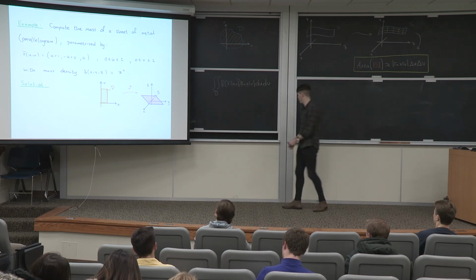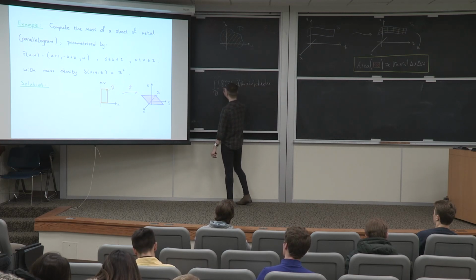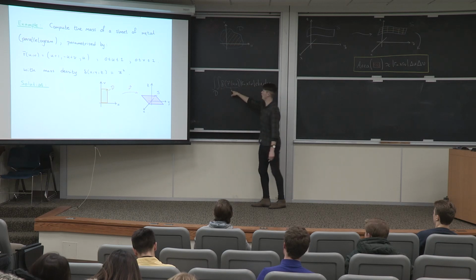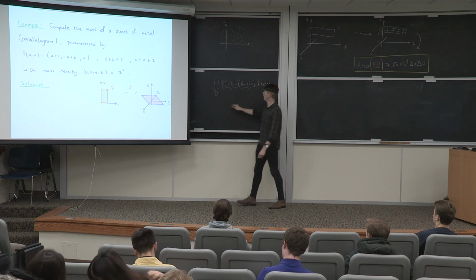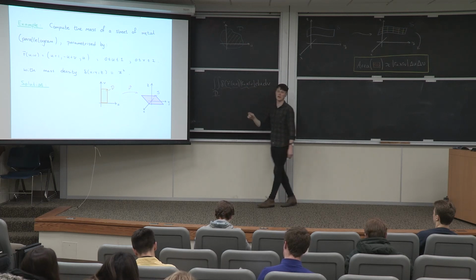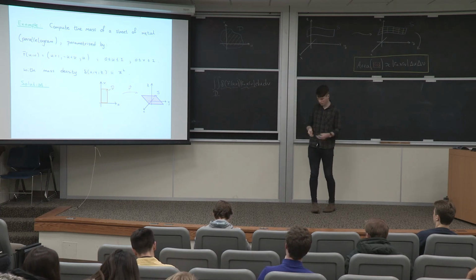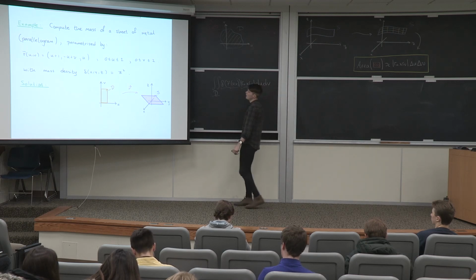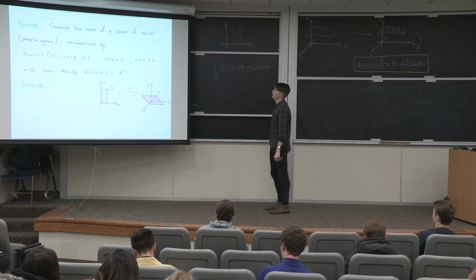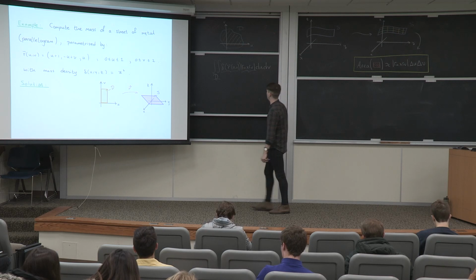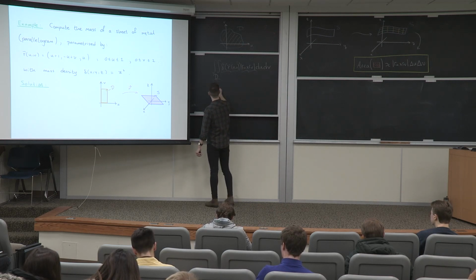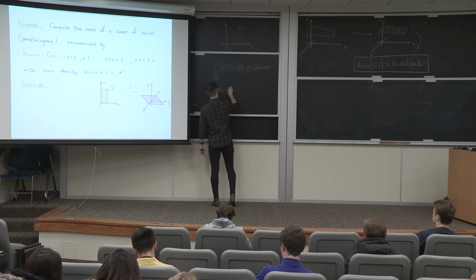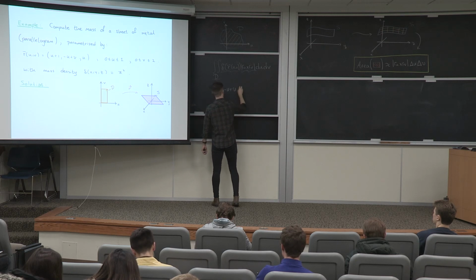So, I have three things to do. I have to figure out what this looks like. I have to figure out what this looks like. And I have to write bounds for D. Let's go with finding what delta of r(u,v) looks like. r(u,v) is (u+1, -u+v, u).